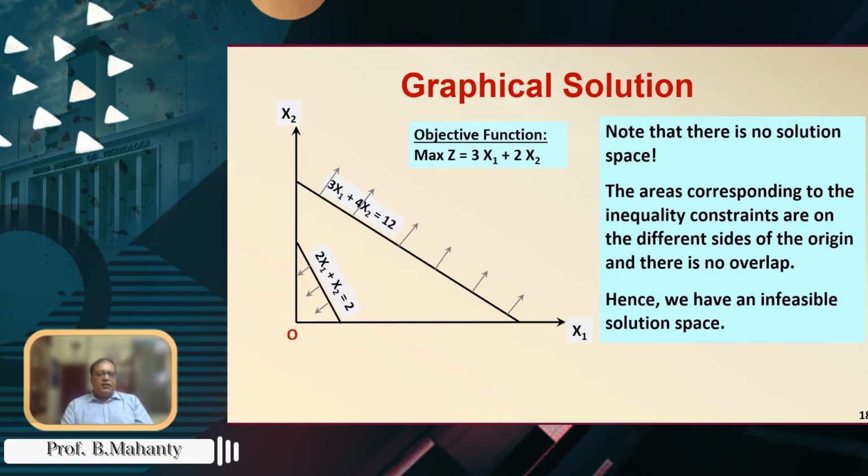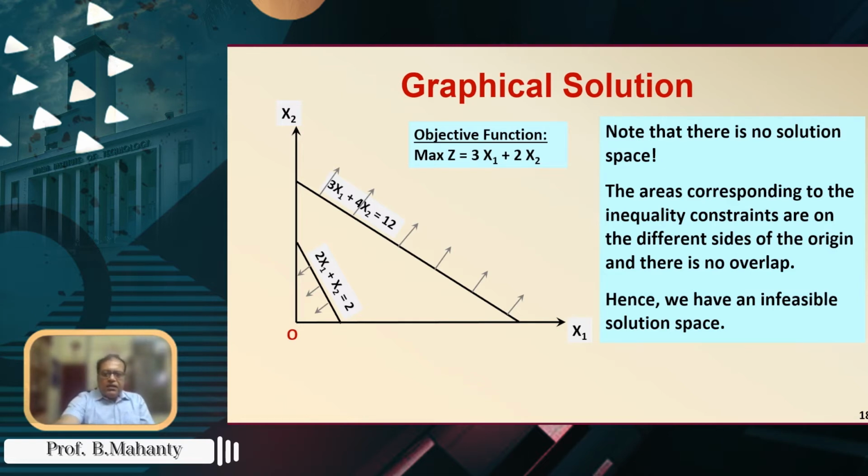So what is happening is that we got no solution space because they are on two different sides. So this portion and this portion, although we need the common area, there is no common area. So there is no solution space. The areas corresponding to the inequality constraints are on different sides of the origin, and there is no overlap. So hence we have an infeasible solution space.